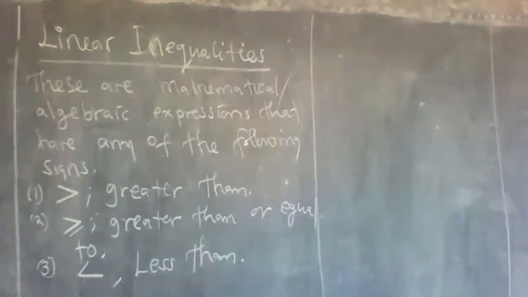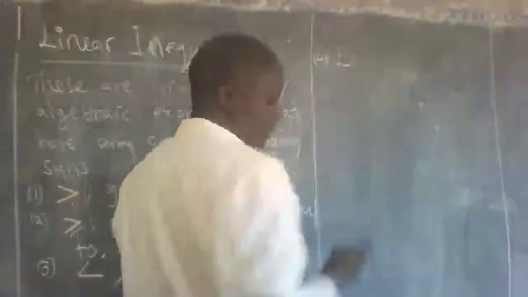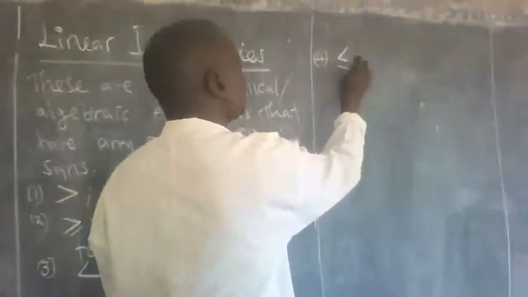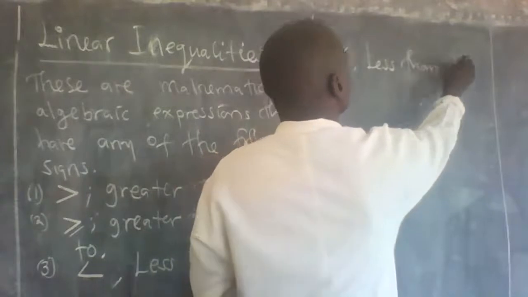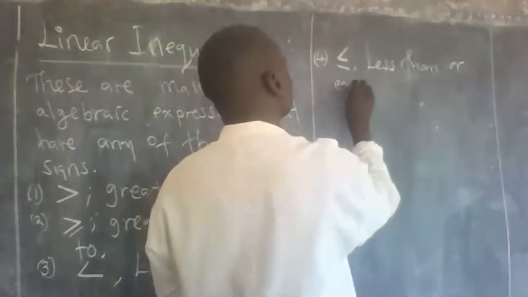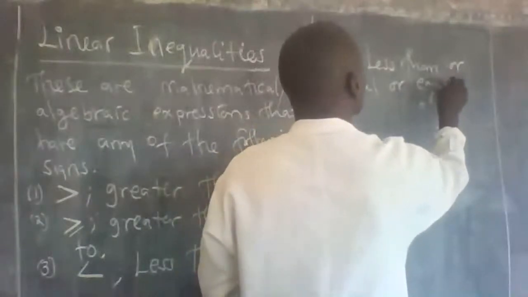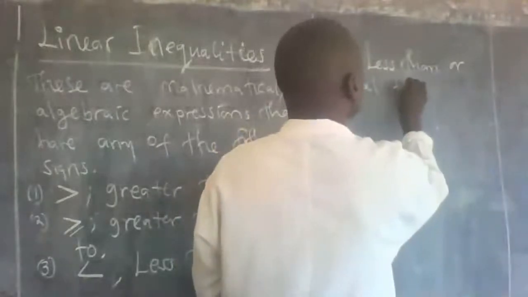So if you have a symbol which looks like less than, having another line drawn underneath it, it is going to be called less than or equal to.